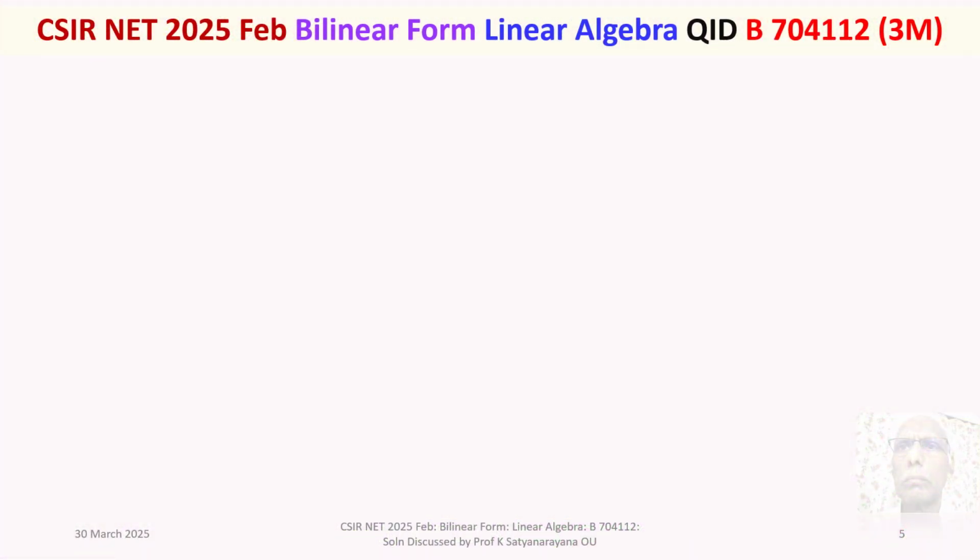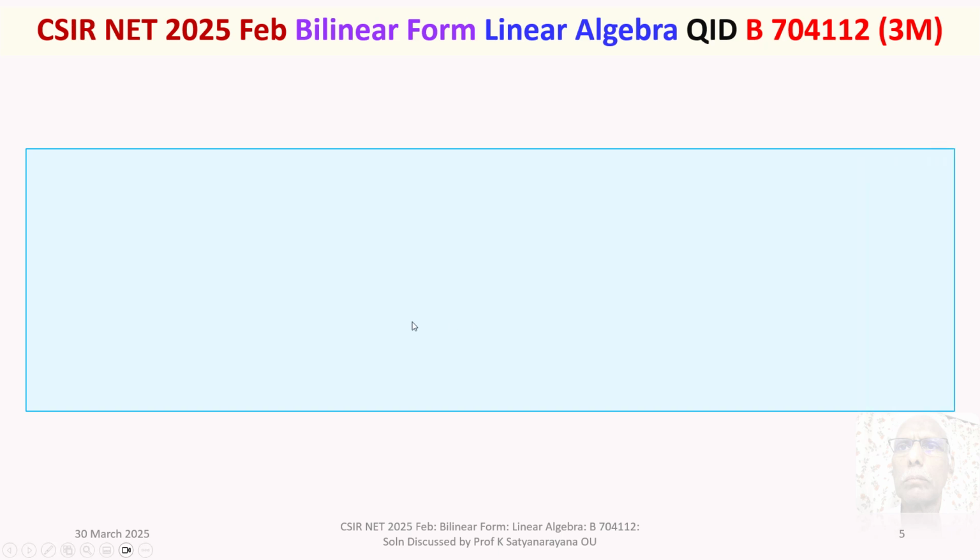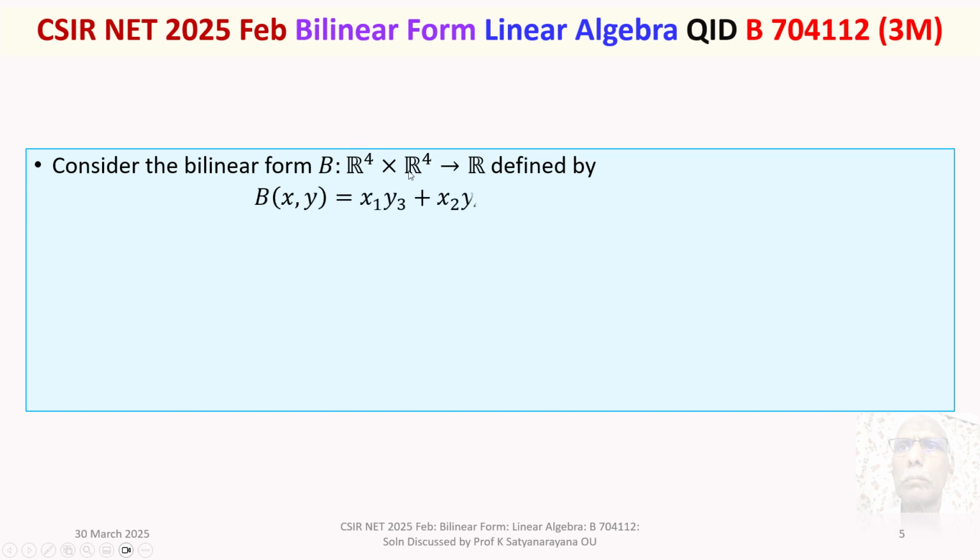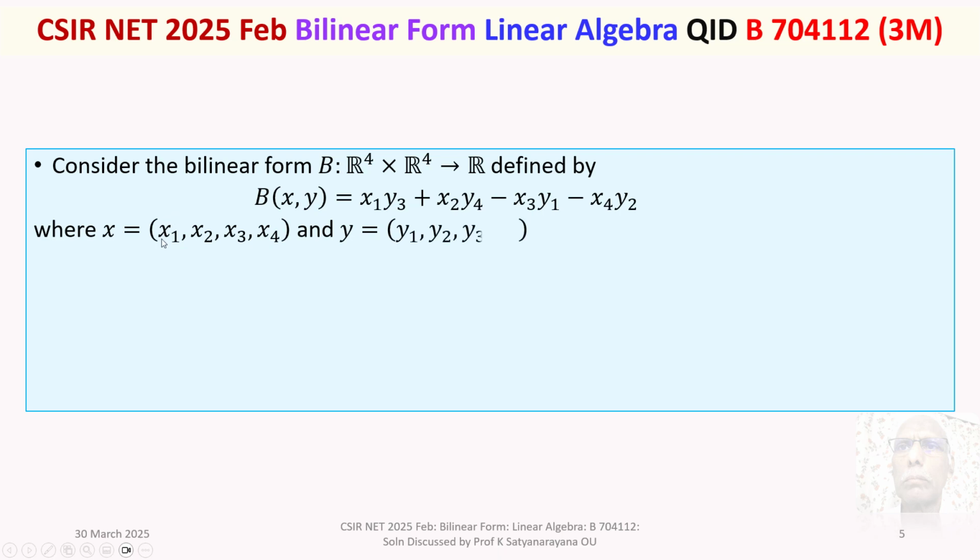Right. The given question is: consider the bilinear form B from R^4 × R^4 to R defined by B(x, y) = x1 y3 + x2 y4 − x3 y1 − x4 y2, where x is a quadruple given by (x1, x2, x3, x4) and y is also a quadruple (y1, y2, y3, y4) in R^4.